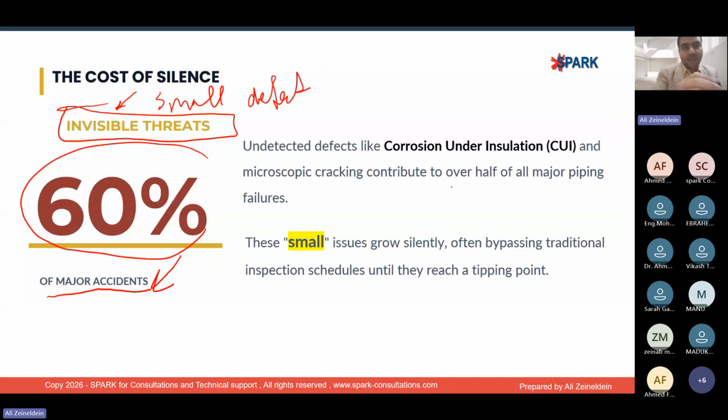Small defects cannot be captured by traditional ways or traditional techniques, so they are considered invisible, and unfortunately, they will finally have a major effect in major accidents.